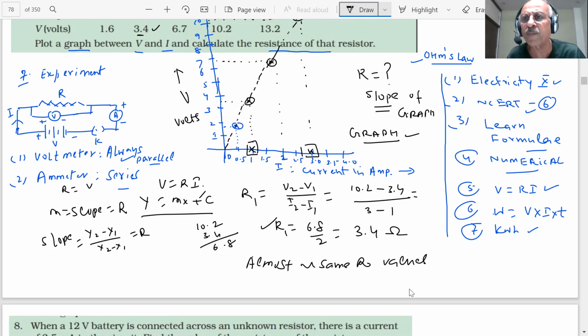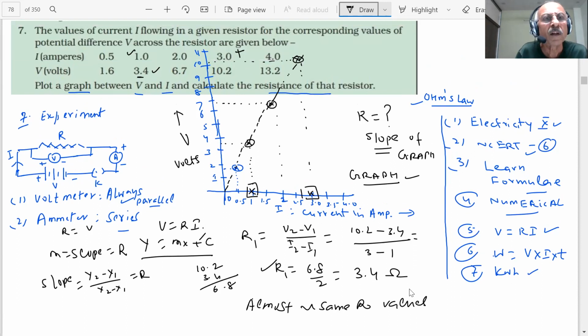This was also an experiment which was done to prove Ohm's law. This is how Ohm's law was given, student. The activity which we have told you here proved that V is equal to R into I, because the same value of R is obtained. When I keep on changing the potential difference, the current keeps on changing. As you can see here, V 1.6, current 0.5, V 3.4, current is almost doubled.